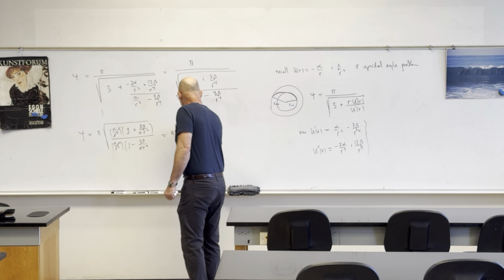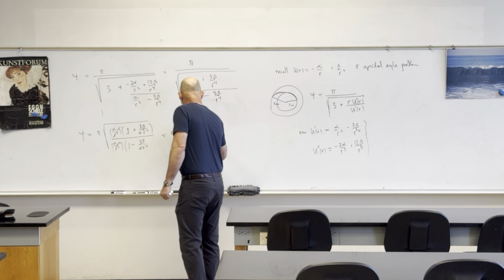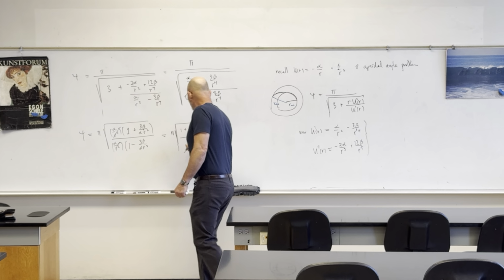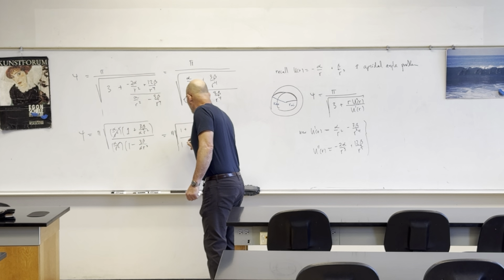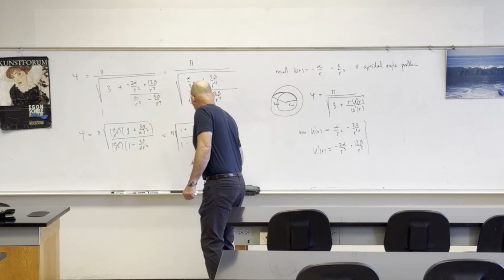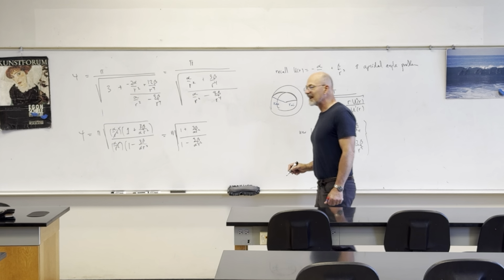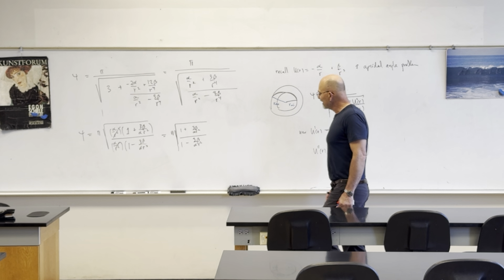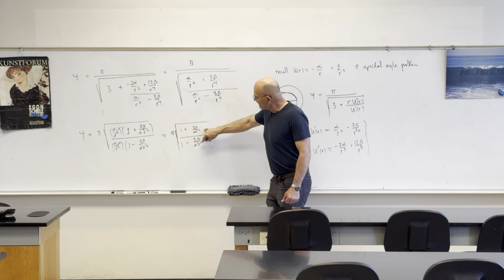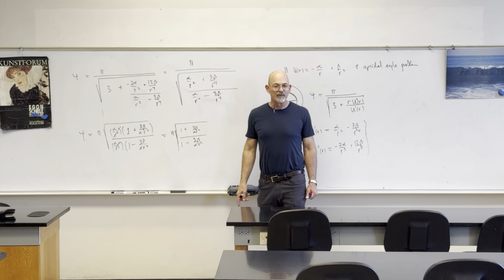And we have 1 plus 3 beta over alpha r squared, and that r is just the standard circular orbit radius, over 1 minus 3 beta over alpha r squared. Okay, so there's our absolute angle. And you'll notice when beta is equal to 0, it's a very clear 1 times pi.